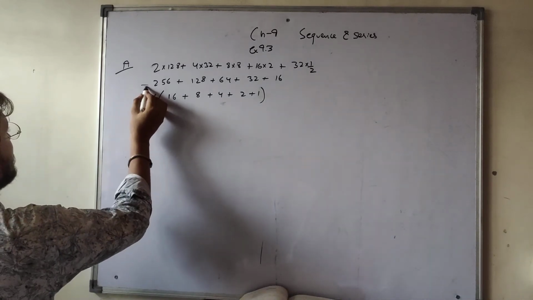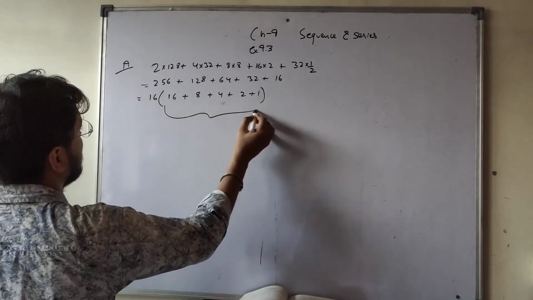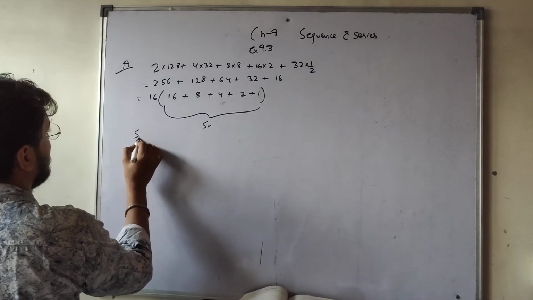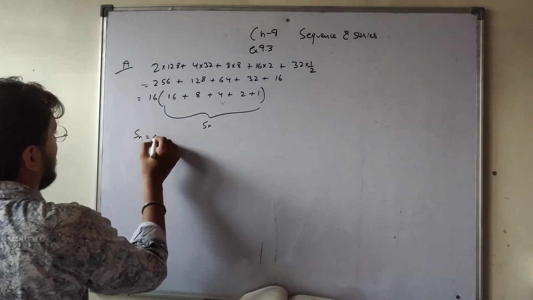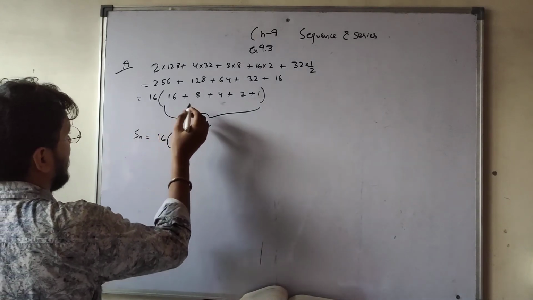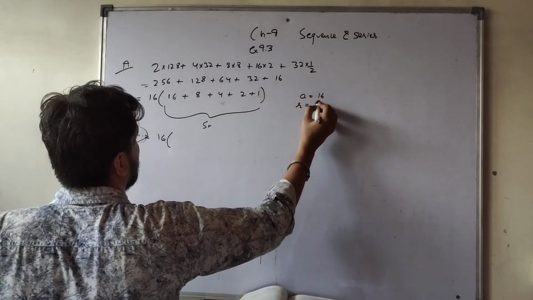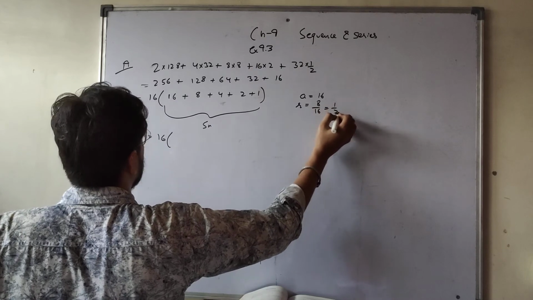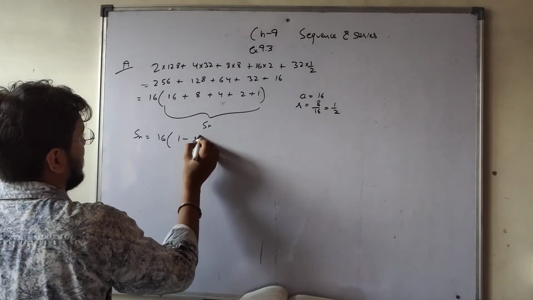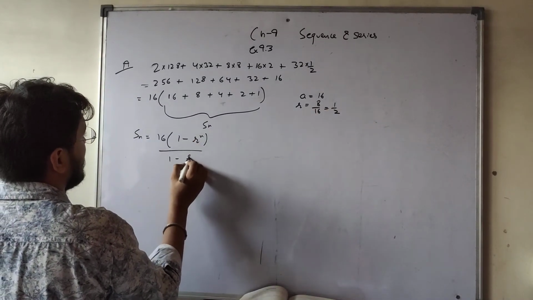So Sn is equal to a, r, okay, a is 16, r is 8 upon 16, which is 1 by 2. So 1 minus r^n upon 1 minus r.